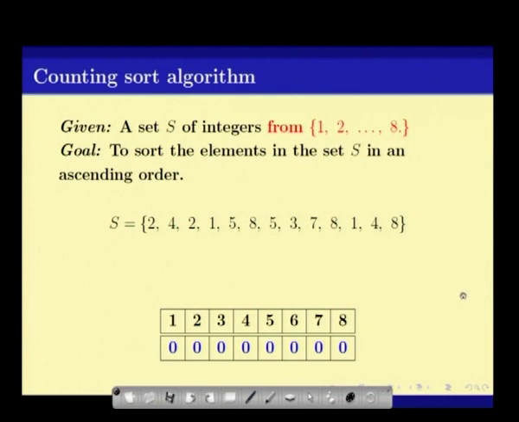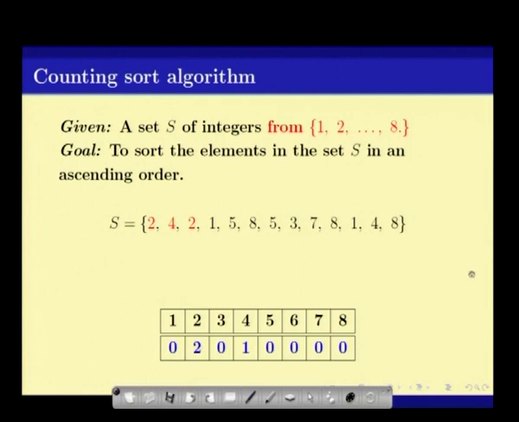We first go to number 2, and okay, the number 2, therefore, we increment the count in this second column by 1. Then we go to the next one, which is 4, and thus we increment the count. Then we again go to the next one, which is 2, and we increment the value in the second column by 1 more.